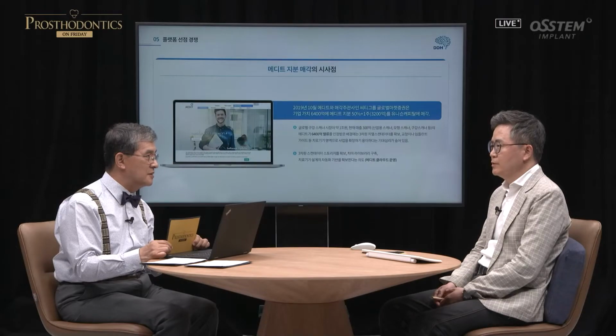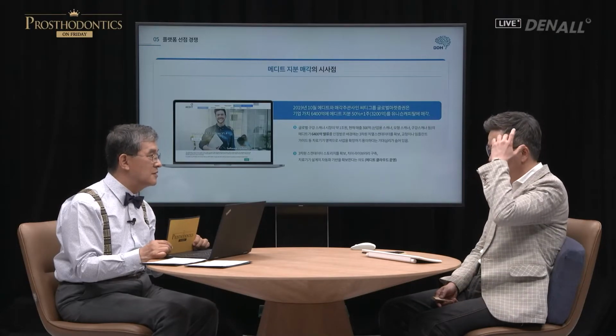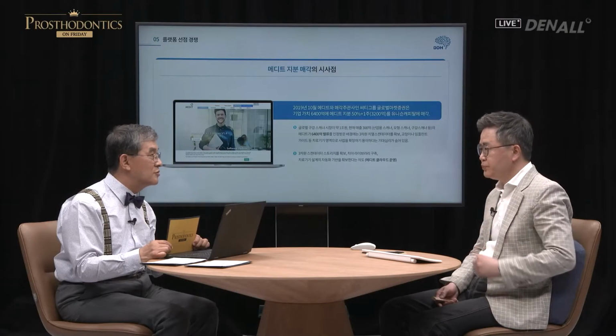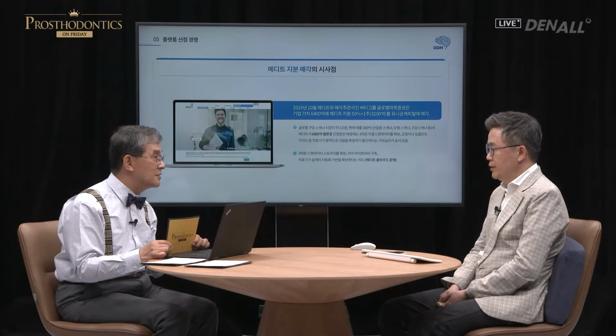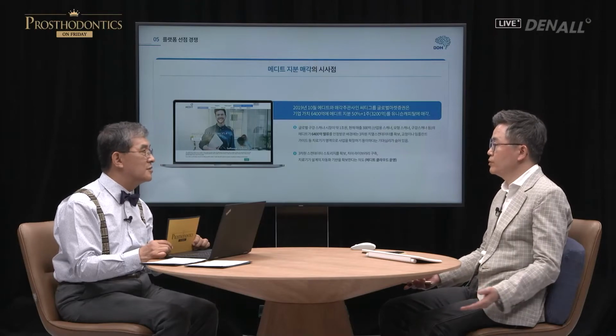What is interesting is that the major shareholder of Medit, a leader in Korea's intraoral scanners, changed. It changed to Unison Capital. Is it a Korean company? Yes. I cannot disclose the details, but public funds are also in.